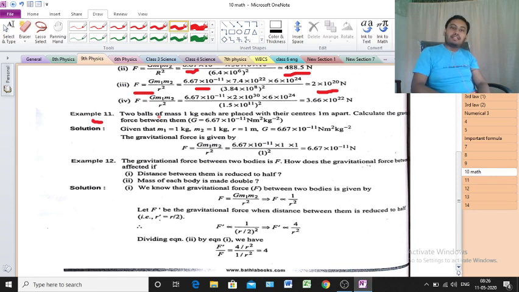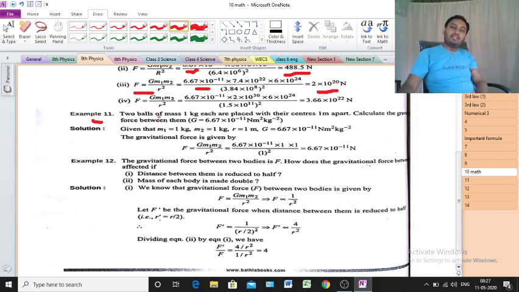Again, their centers are placed 1 meter apart. So the distance between the two balls is 1 meter. Calculate the gravitational force, that means calculate the value of g.